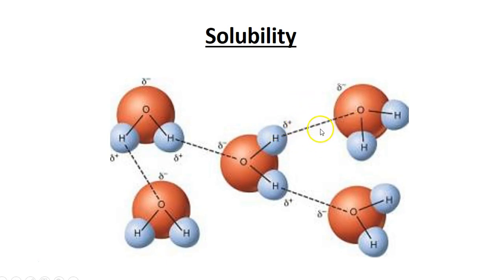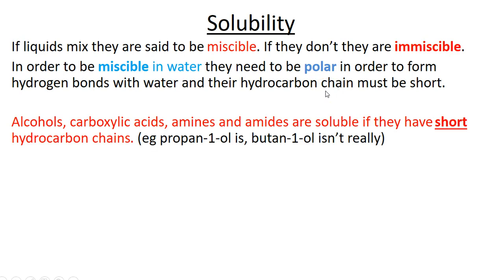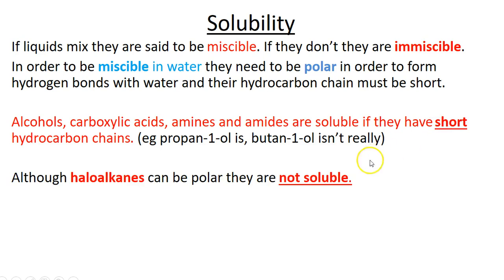They're not going to break that bond and let in a non-polar chain. So they'll only let it in if there's a polar bond and the chain is short. So alcohols, carboxylic acids, amines, amides are soluble because they're polar and they have short hydrocarbon chains. So propan-1-ol is soluble, but butan-1-ol is a little bit soluble, but not much.